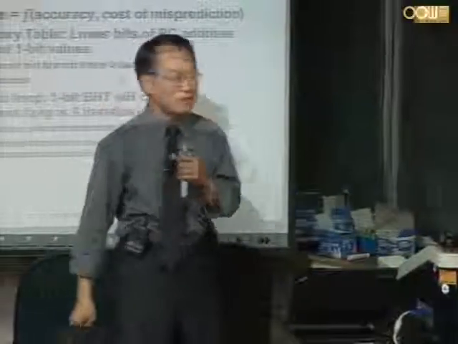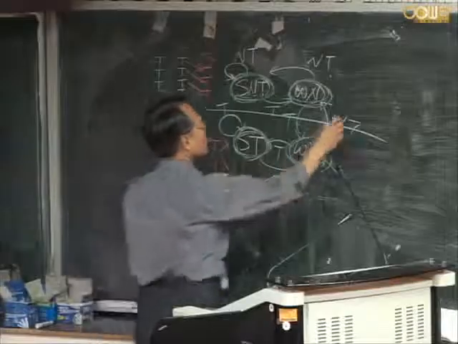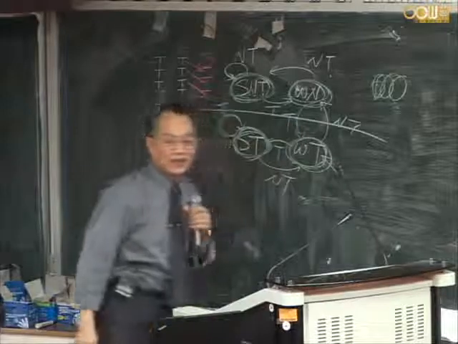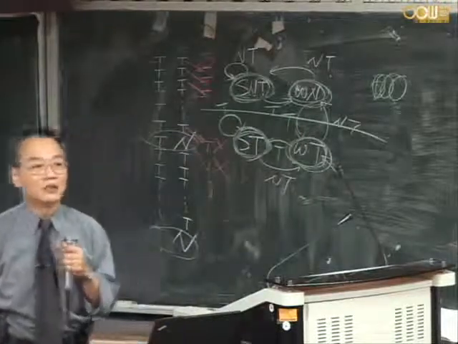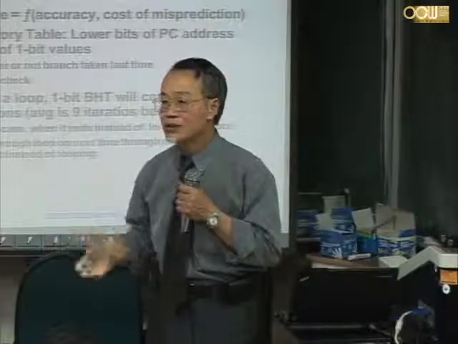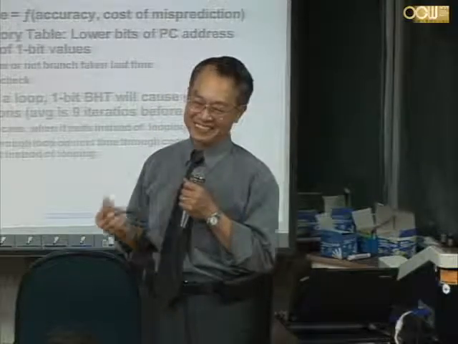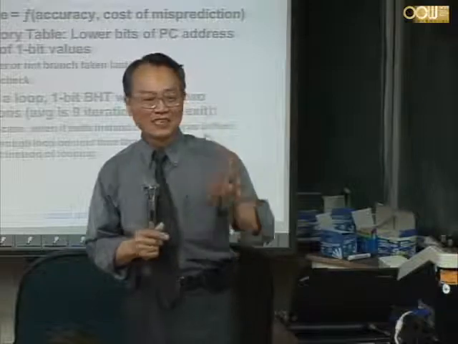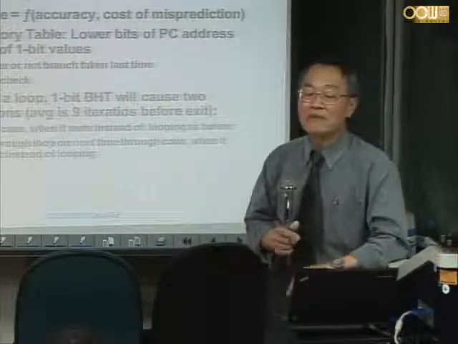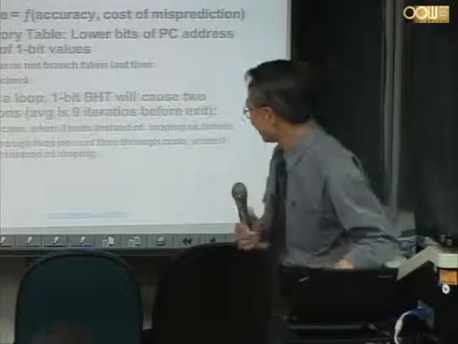Do you want to make it even better by using 3 bits? But if you use 3 bits, then this predictor will be too insensitive. So 2 bits is almost the method everybody uses.